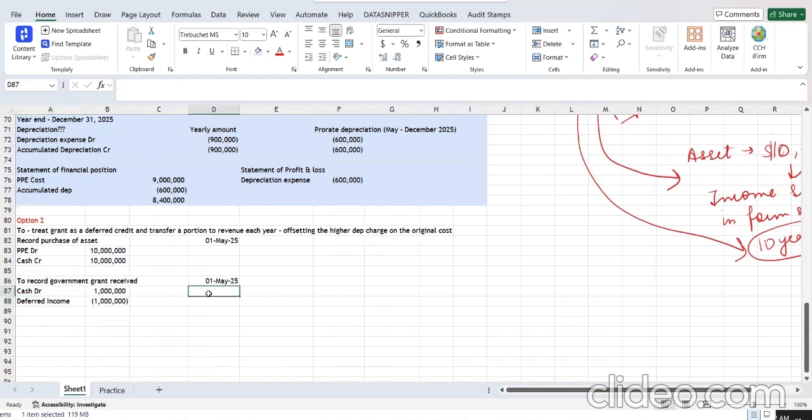So here you're receiving money. Money goes up and your liability goes up too. Why?